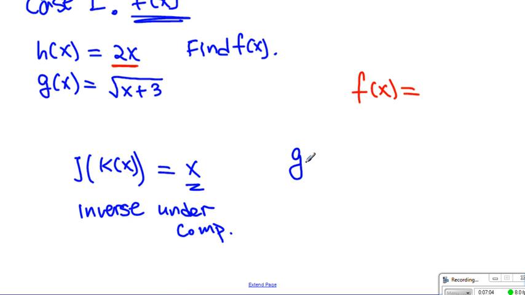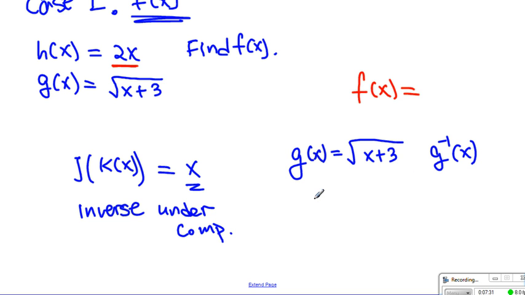Given that g of x is equal to square root of x plus 3, how can you find the inverse of a function under composition? Many times I express it as g to the negative 1. That negative 1, in this case, we're talking about the opposite of the composition, inverse under composition here.